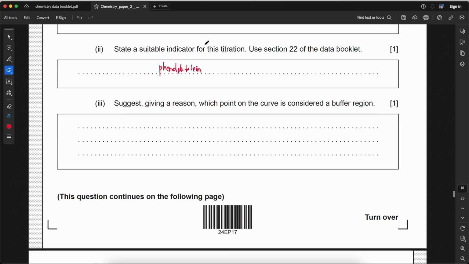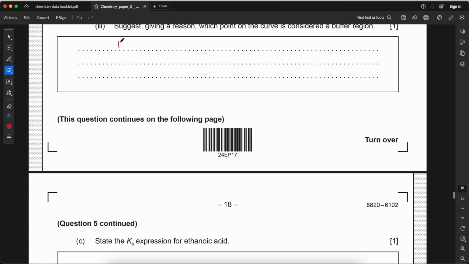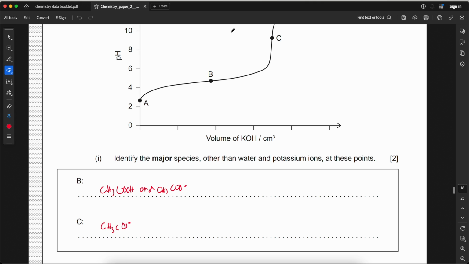Okay, B. Because it is the region where a small addition of base or KOH results in little change in pH. So there is no high jump for the pH yet. So the pH is relatively stable. That is the buffer region.